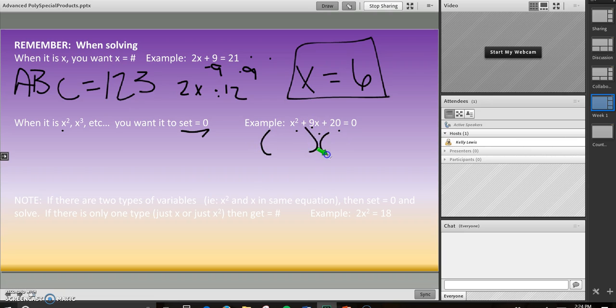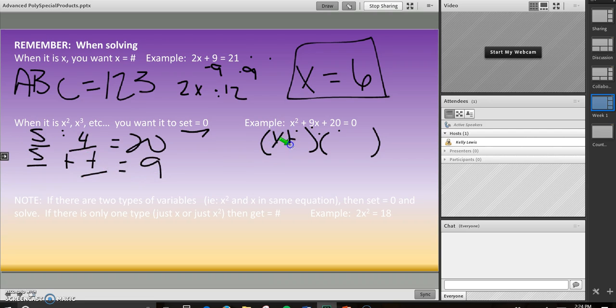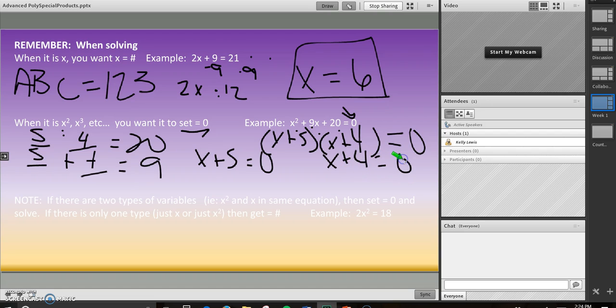We would factor it, and we'd say, what multiplies to give me 20, adds to give me 9? 5 and 4. So I do x plus 5, x plus 4 equals 0. Then we would do x plus 5 equals 0, x plus 4 equals 0. So I get x equals -5, x equals -4. And those would be my two answers.